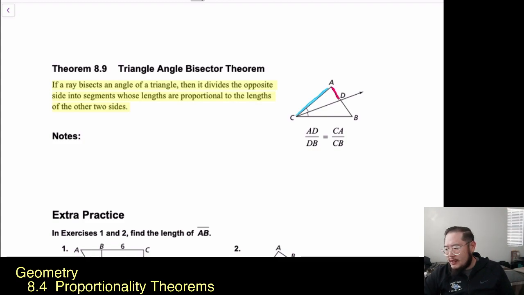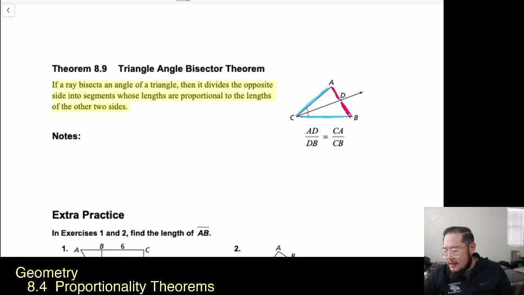We've got the sides right here, and then we also have C to D, and then we have C to B. So AD over DB, and then we've got CA over CB.